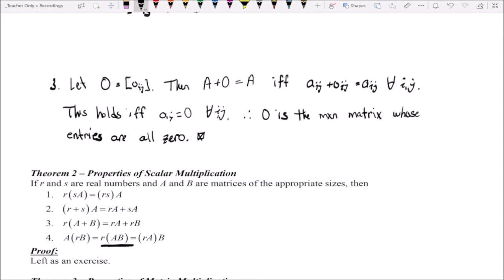Take the matrix product first, then multiply that by the scalar. But this property says it doesn't matter how you do the scalar multiplication. Now, the proof of these four properties will be left as an exercise. So again, I encourage you to challenge yourself and try to prove these on your own.